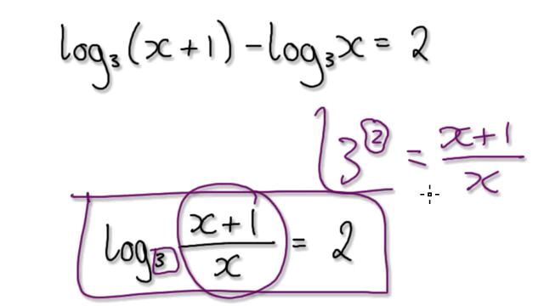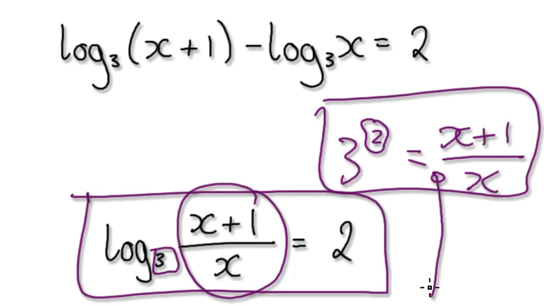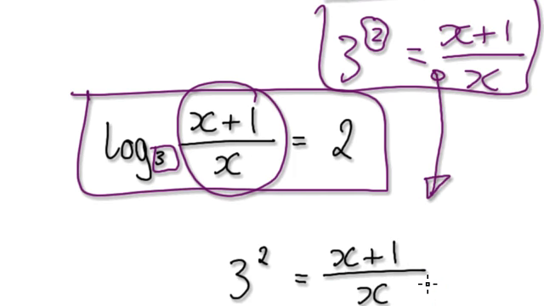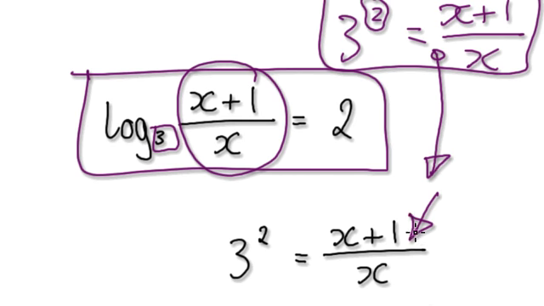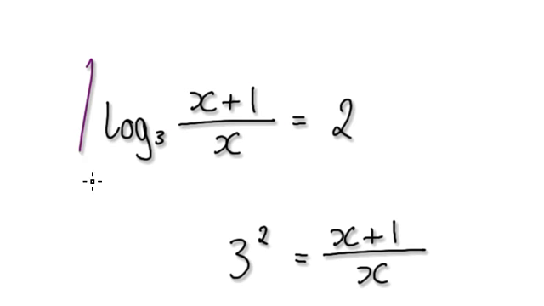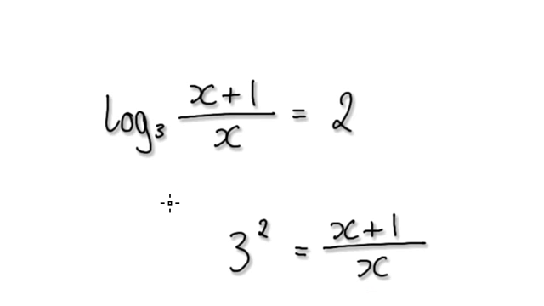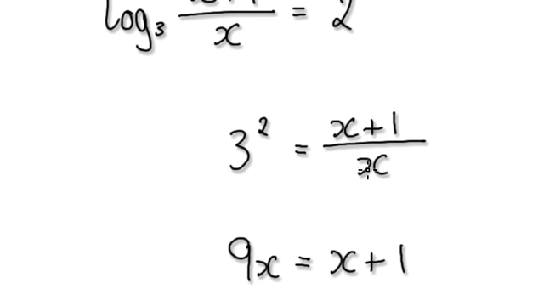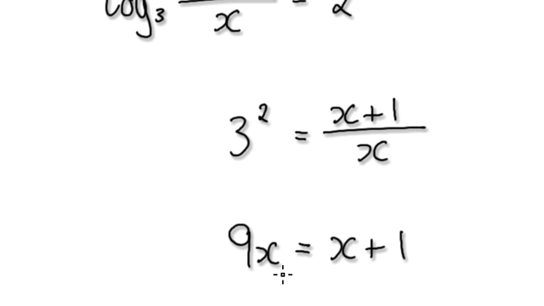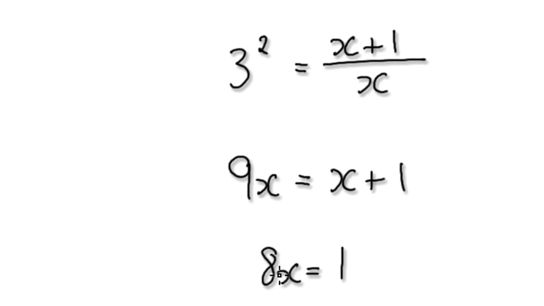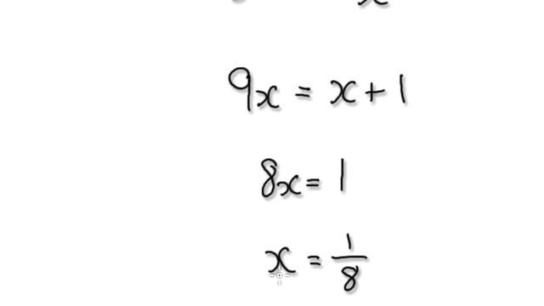So when you translate this, it will give you this, and this is exactly the same as this thing here. So when you're here, translate it to this, and now it's just a matter of solving for x. So times x to both sides, and so on. Take away 1x from both sides, that will give you this, and x equals this.